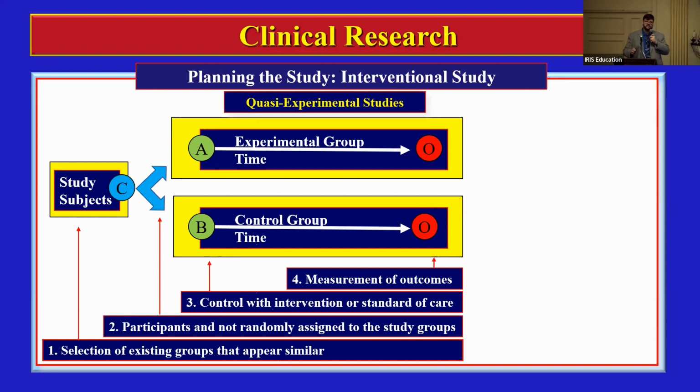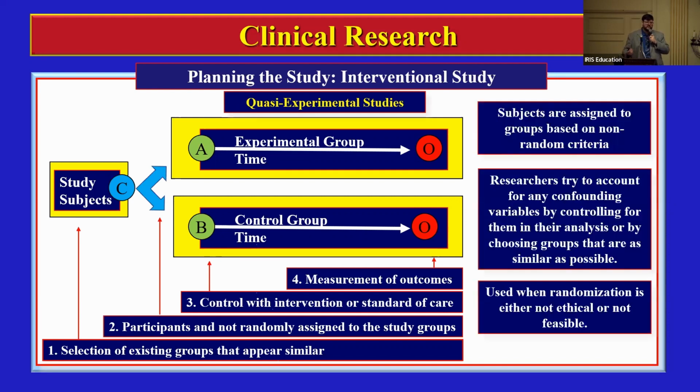So why would you ever consider a quasi-experimental study? Well, sometimes it may not be ethical to randomize or feasible, or maybe there's something that makes it difficult to randomize. So maybe you have a criteria that's non-random that you're using to assign patients into being in the treatment or control group.